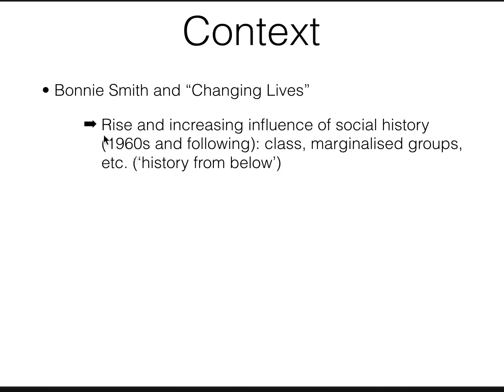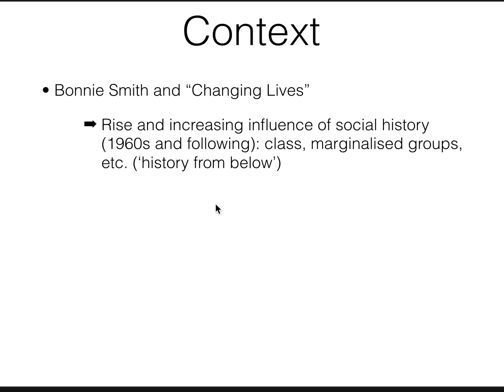They began to look far less at the elite groups in society, the big movers and shakers, the great men of history and so on, and they began to look in a very wide ranging set of interpretations at how different groups in society were influenced by history and also influenced history. So there are many examples before the 1960s of this, but this is probably when it became really popular. In fact, you could even say that it began to be dominant from the 1960s on. And this is an interesting example of that.